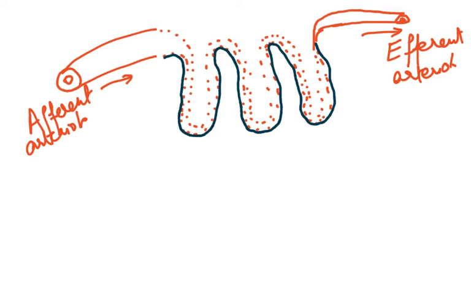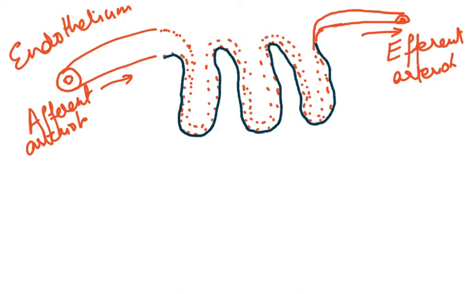The dotted line which I have shown you here is the endothelium, of course, we have studied this in AS level biology. These are the endothelium of the capillary, and then it is supported by the basement membrane.